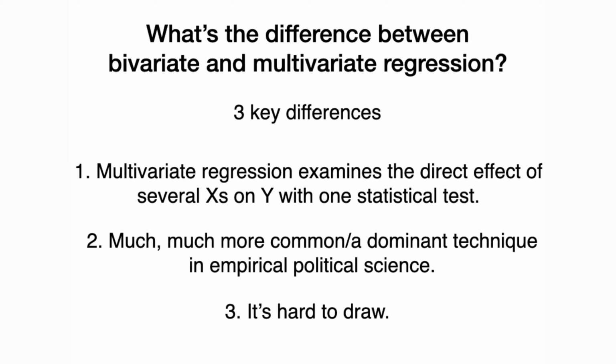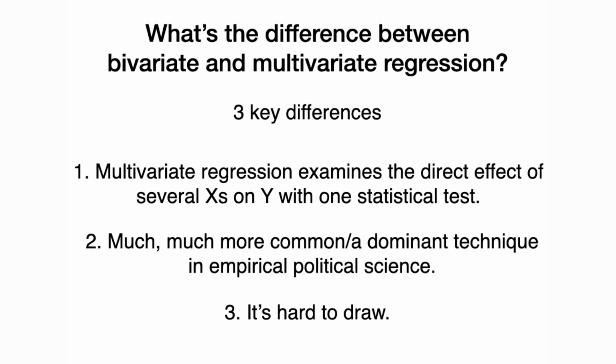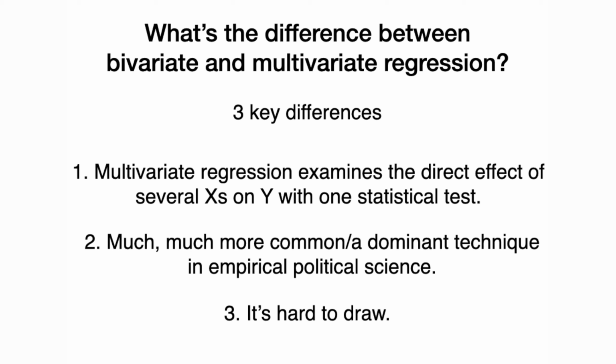This is the really powerful thing that multivariate regression allows us to do that bivariate regression and honestly crosstabs don't. We can test for so many more explanations, controls, things that we care about in one go. If you find yourself with your research report, it's neat that you get to test this hypothesis with an independent variable and a dependent variable, and then you've got these three control variables.